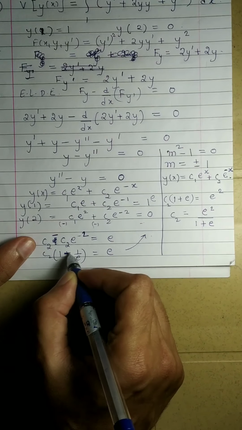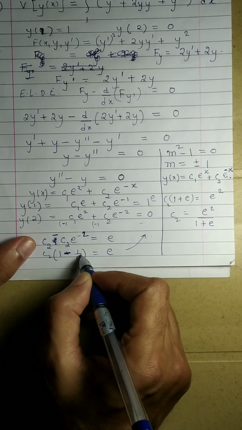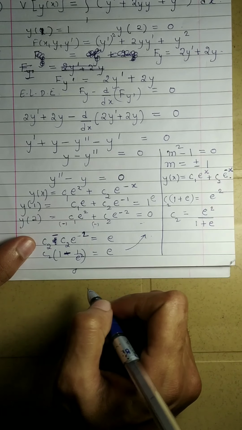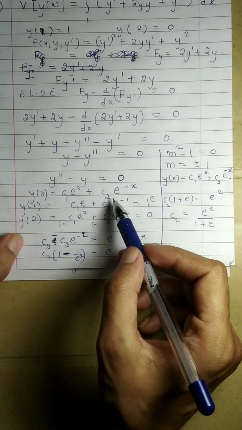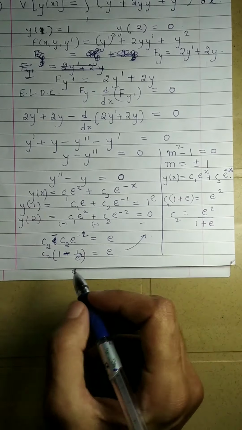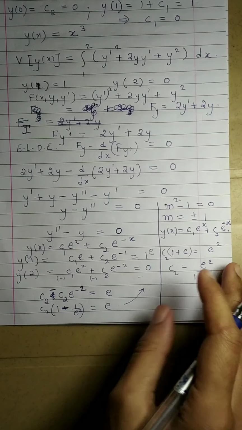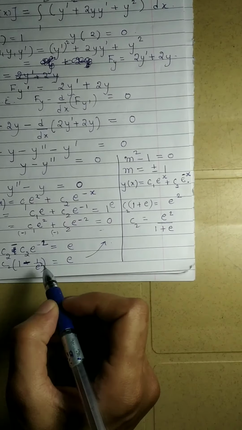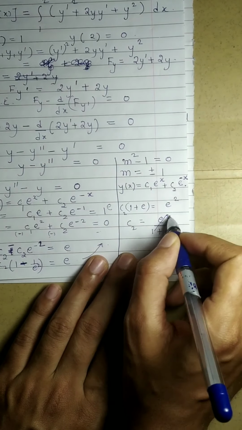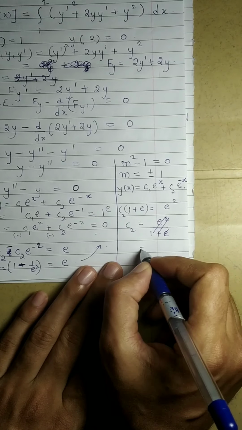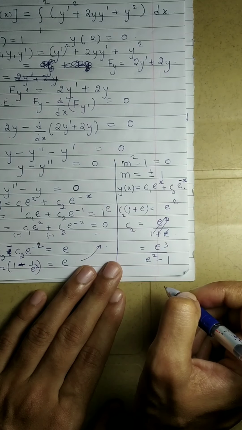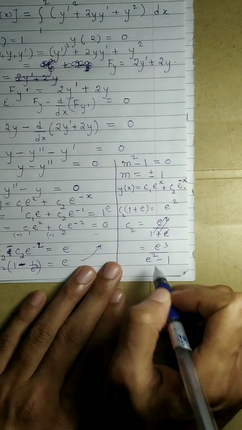So this will be e square minus 1, and this e square, so c2 will be e cube divided by e square minus 1. So this is the value of c2.